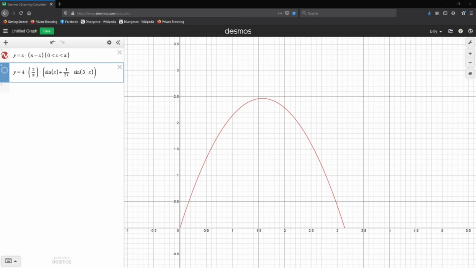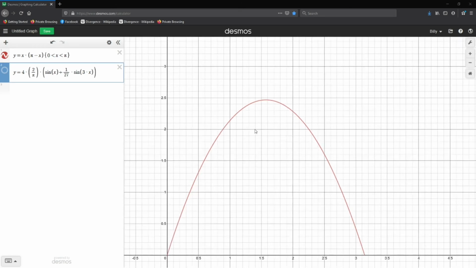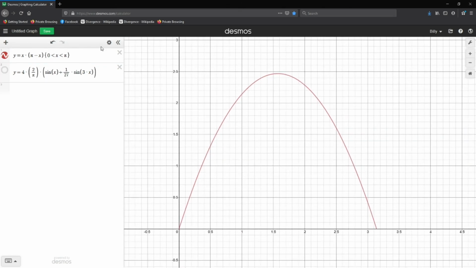So let's open up a window capture of our function right here, and I'll change it to black. So we see our function right here, and color the approximation in red.